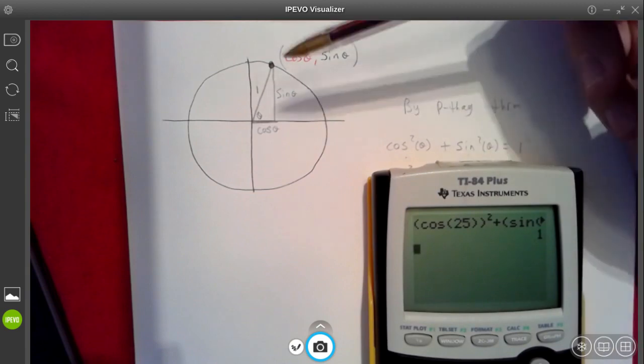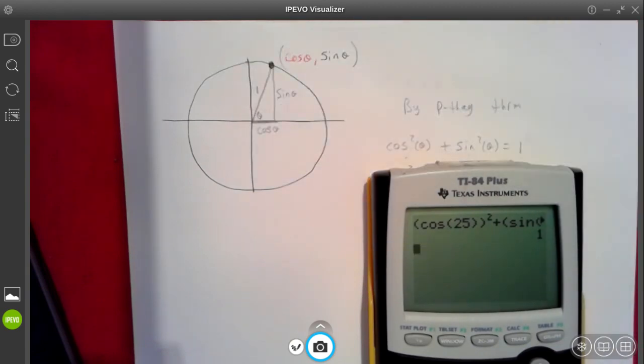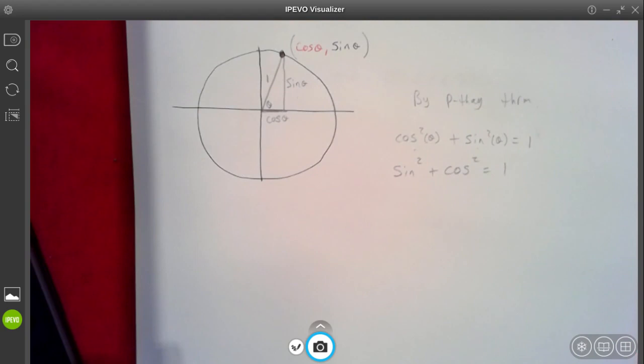It doesn't matter whether you're in the first quadrant, second quadrant, third, or fourth, okay? It always comes out to 1. It's a very nice little formula, or identity, that's what they call it.